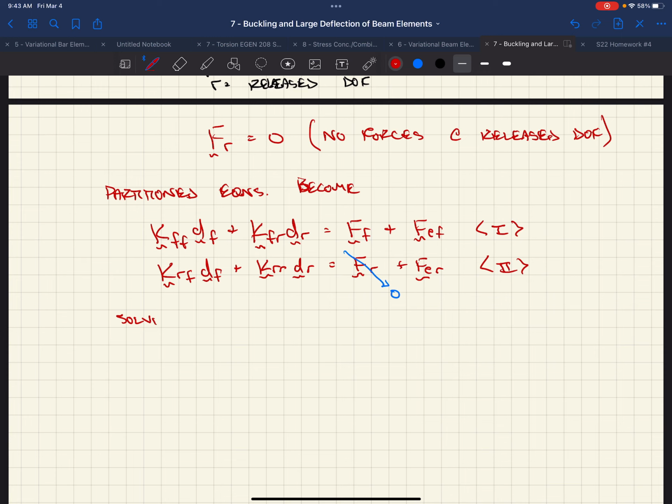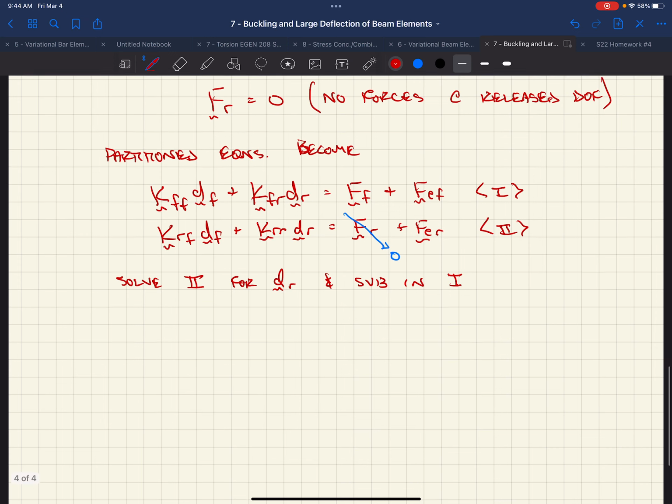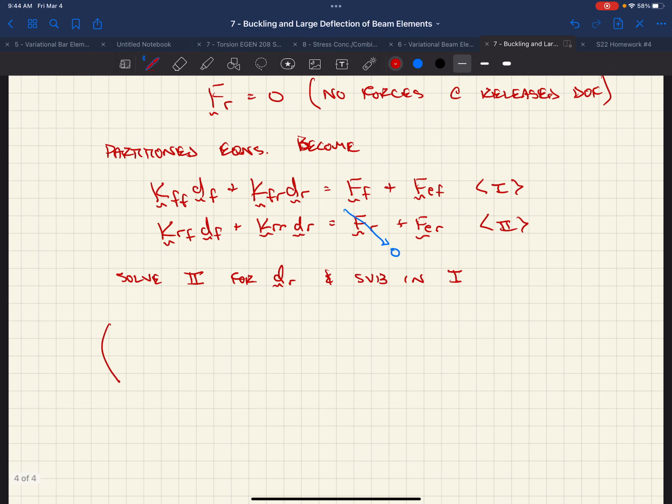So we solve 2 for d_R and sub it into 1. We solve 2 for d_R, and we sub it into 1. We get this equation that VA is all doing in the background.